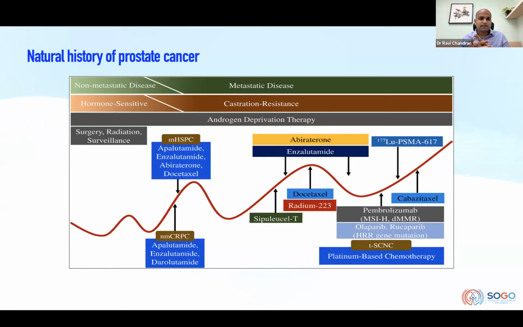In our clinical practice, we would have seen a lot of prostate cancer patients outliving the disease. And in the same breath, we have seen a lot of patients quickly succumb to the disease, especially in the CRPC setting. Here we can see in the local stage and locally advanced stage, there are three important players: surgery, radiation, and with the new entrant surveillance, all trying to dwell in the same space, jostling for prominence.